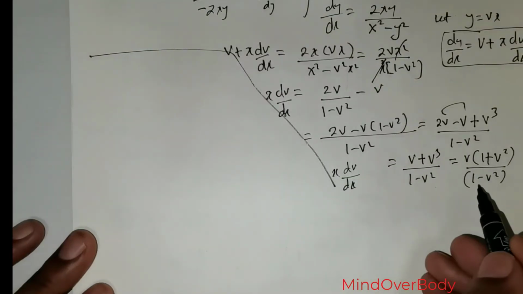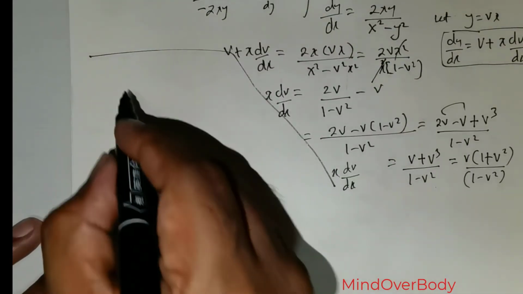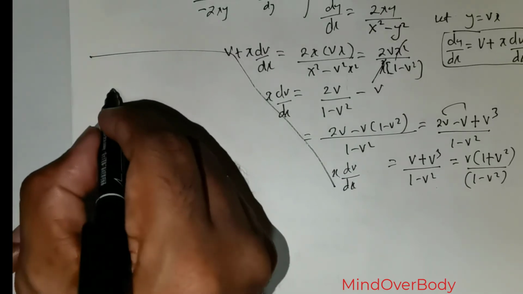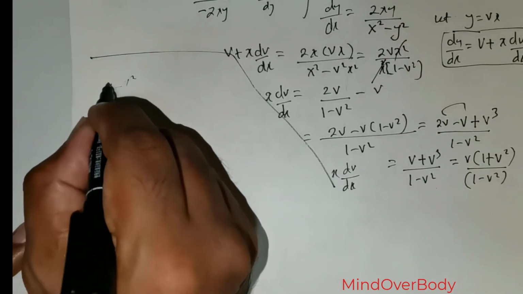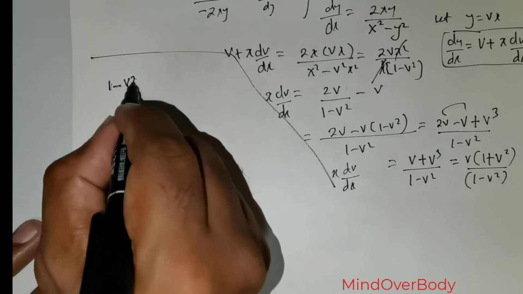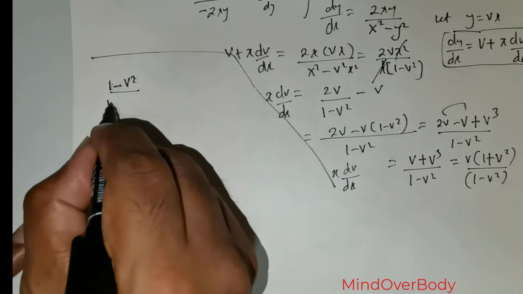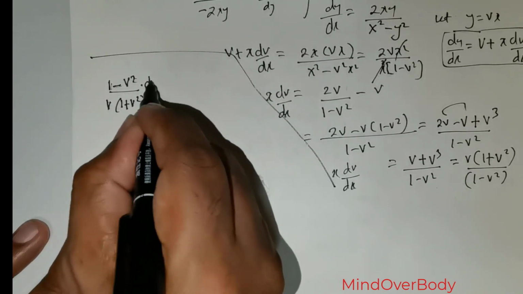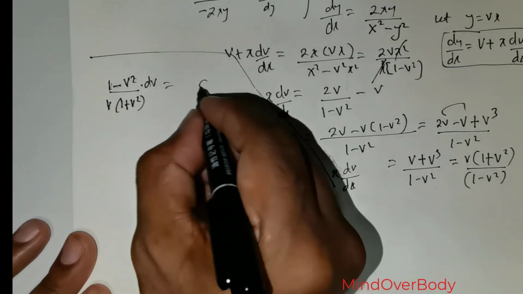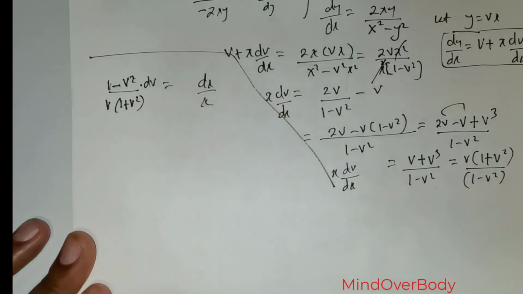What I wish to do is move all the v towards the left hand side. So I would get 1 negative v squared divided by v of 1 positive v squared times dv is equal to dx divided by x.